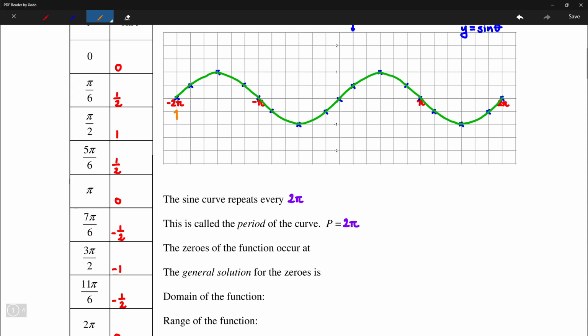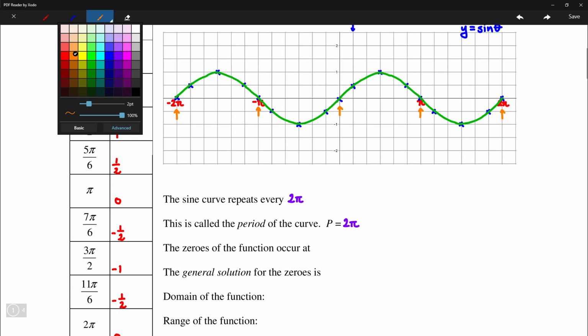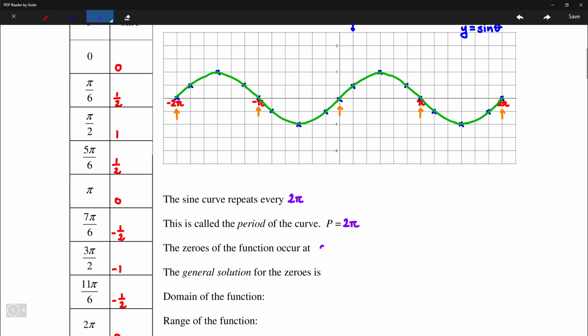They will occur at negative 2 pi, negative pi, 0, pi, and 2 pi. So, in other words, we can write this as 0 plus or minus pi, plus or minus 2 pi, and so forth. Alternatively, just n pi, where n is an integer.